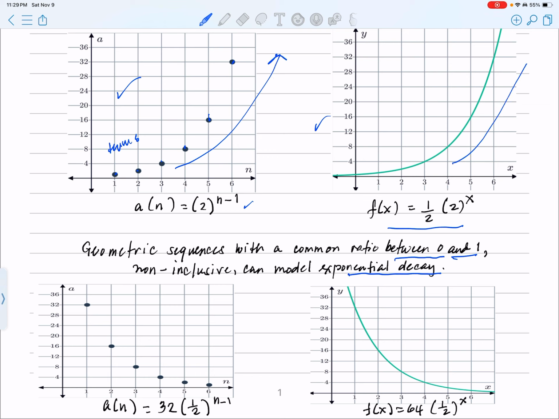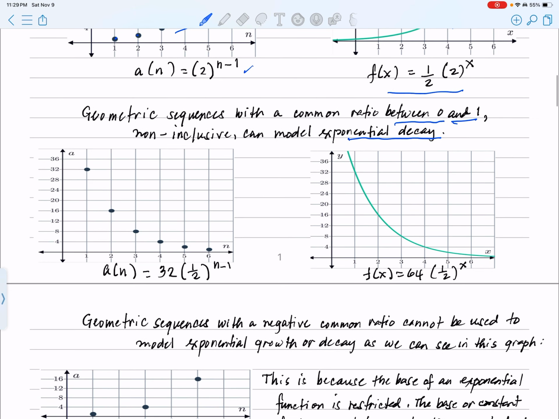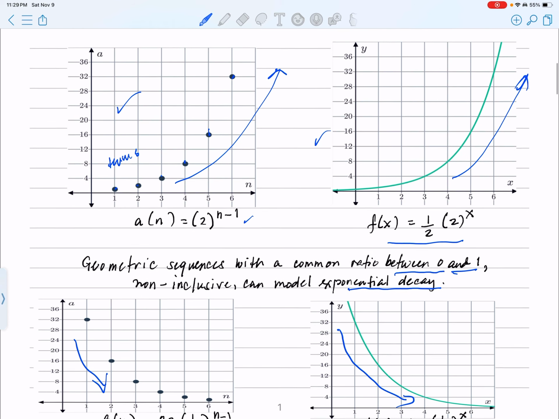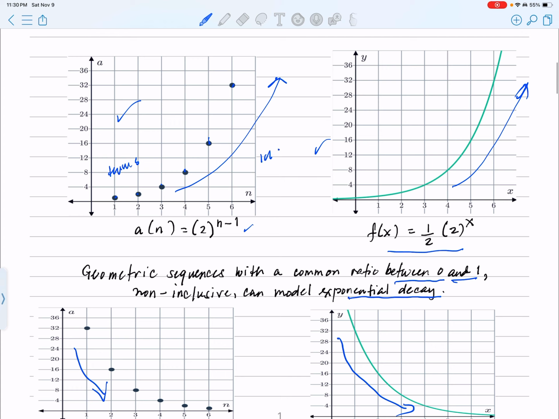While here, when the ratio is between 0 and 1, it models an exponential decay. So if you look at the direction of the graph, it goes down, decreasing. This is increasing, and the other one is decreasing.